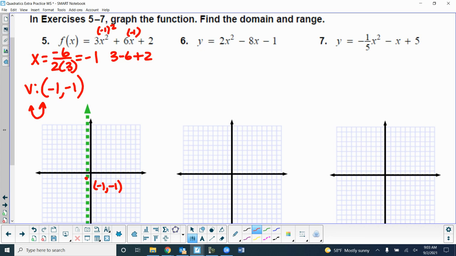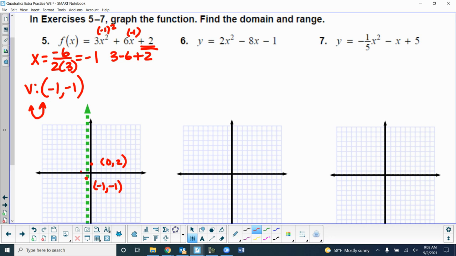All right, so what's my y-intercept, Colt? It is 2. Right, and that's from the C value, right? So here is 0, 2. Where's my third point? To finish my parabola.